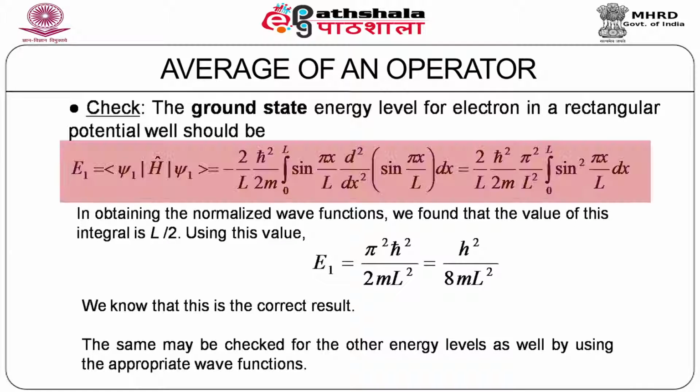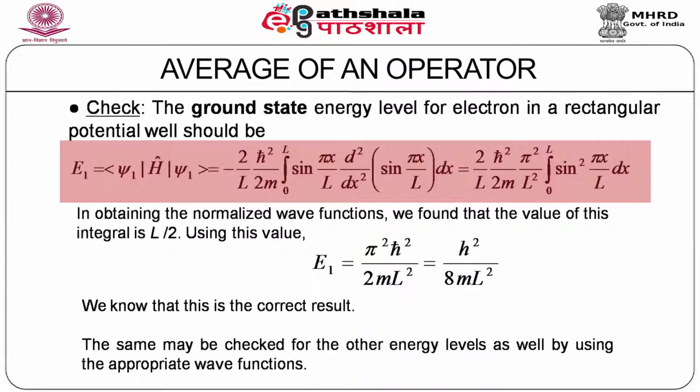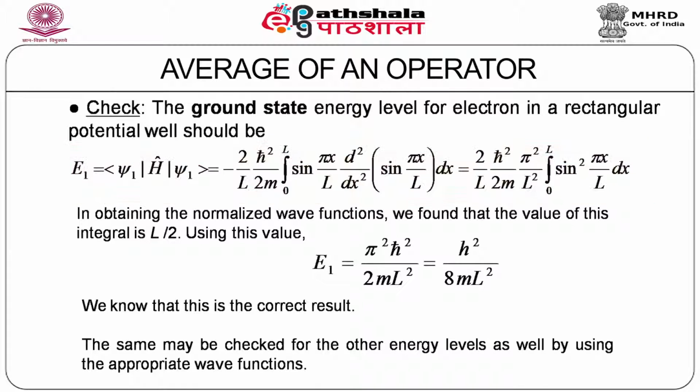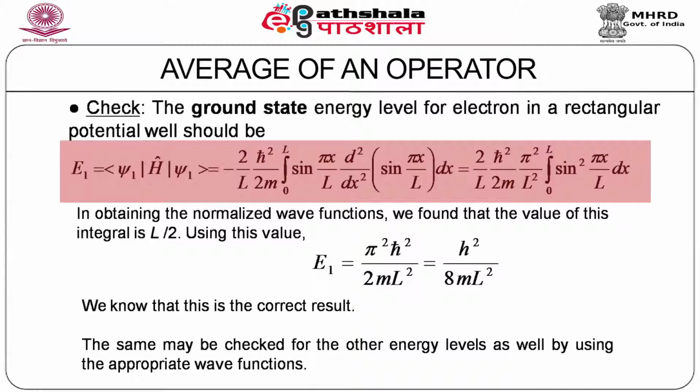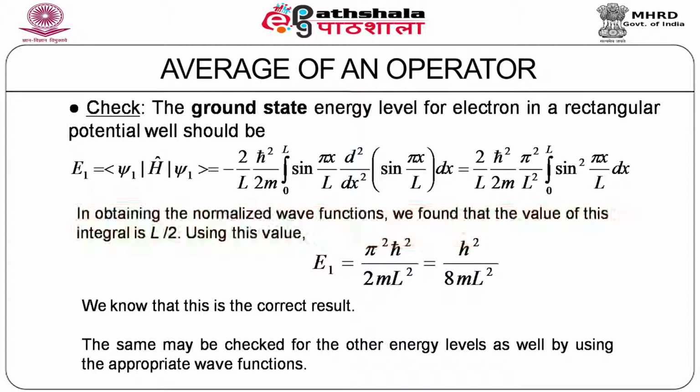If you differentiate sine pi x by L twice with respect to x, then you get 2 by L, then h cross square by 2m, then pi square by L square, and within the integral you only have sine square pi x by L. Now, while obtaining the normalized wave functions, we found that the value of this integral is L by 2.